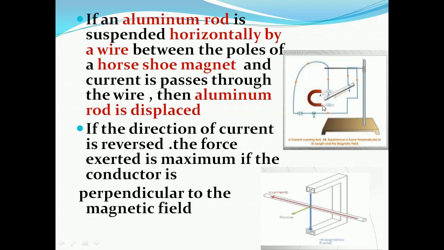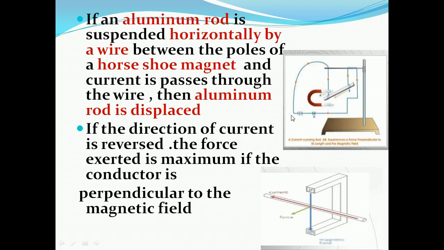Here you can see the horseshoe magnet in the picture. Current is passed through the wire. When we pass the current through the wire, the aluminium rod is displaced from its position.